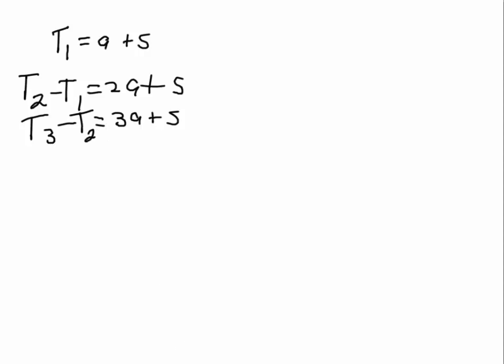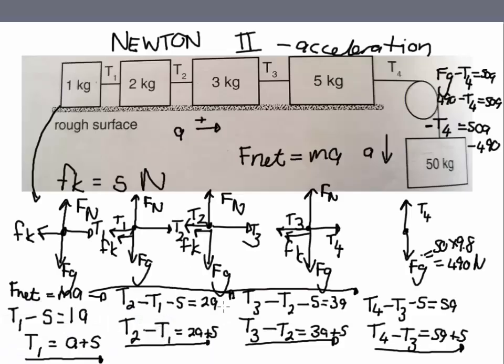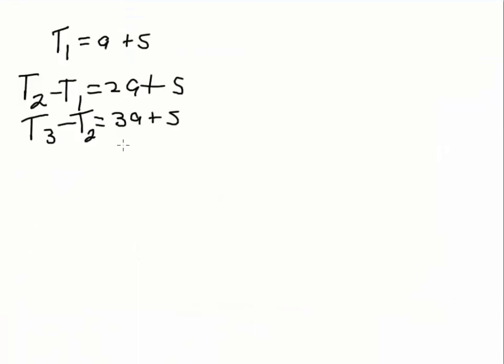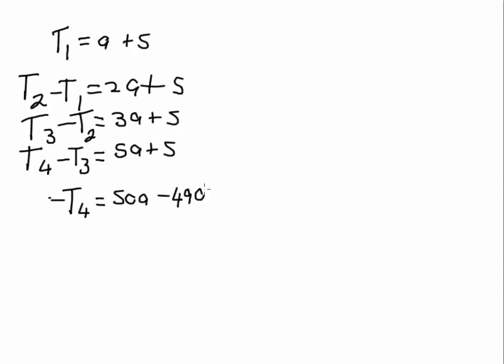And the fourth one, T4 minus T3 equals 5A plus 5. And my last one is negative T4 equals 50A minus 490.